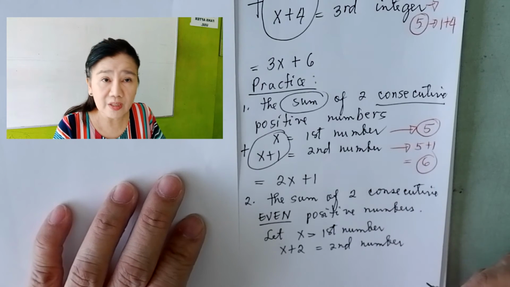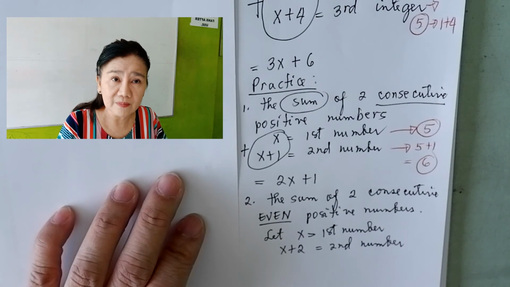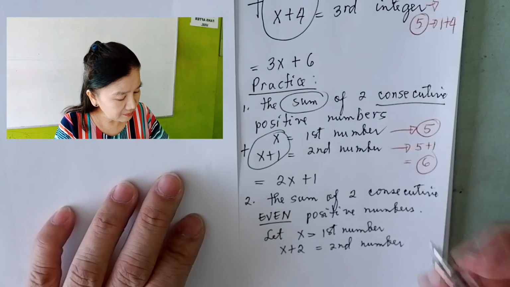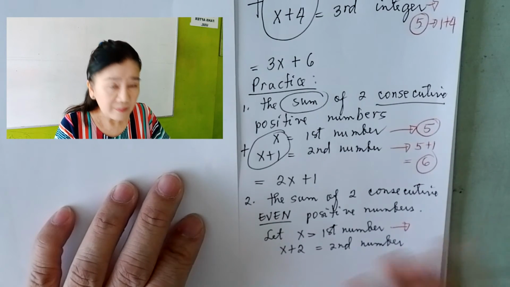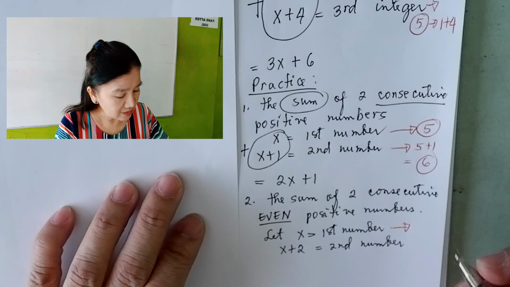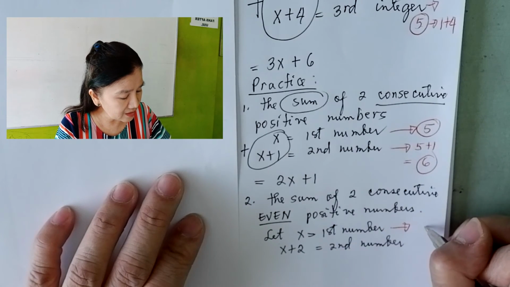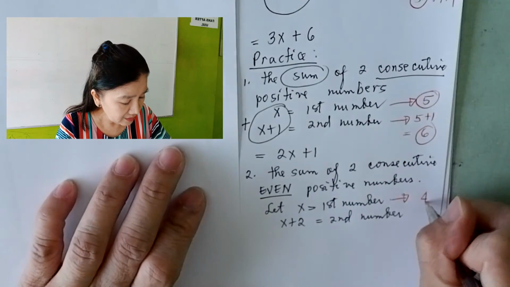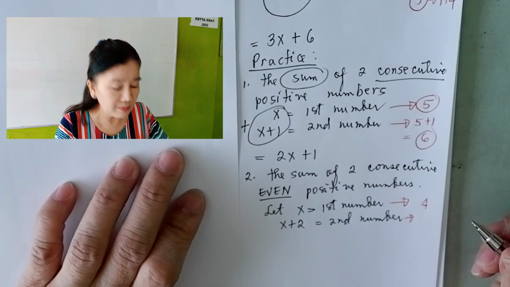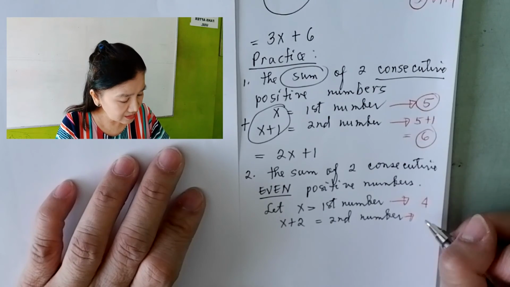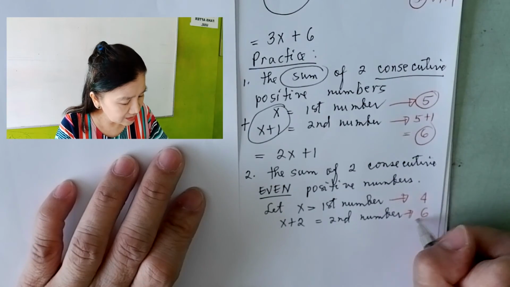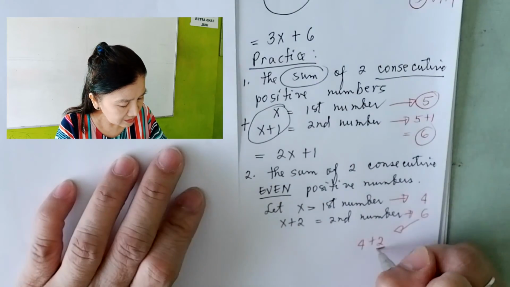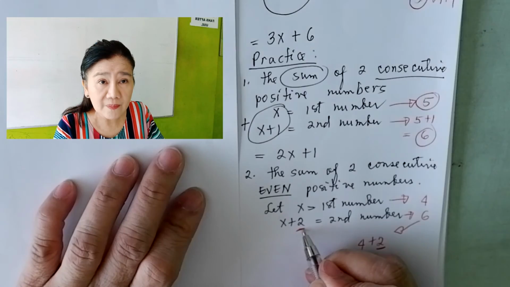If there will be 3 numbers, the next number will be what? x plus 4. Okay, let me explain this further. If you let x be your first even number, let us say 4, your next even number will be what? 6, right? And how did you get 6? You added 2 to 4. That's why we added 2 here.